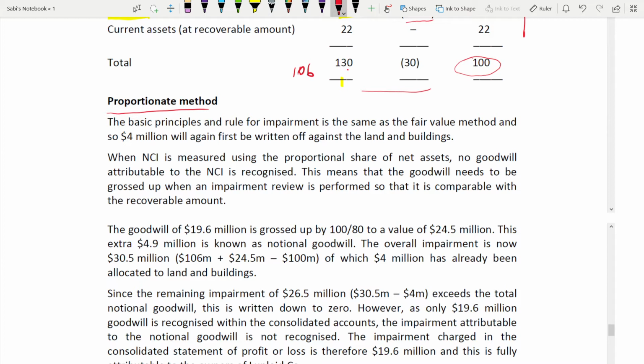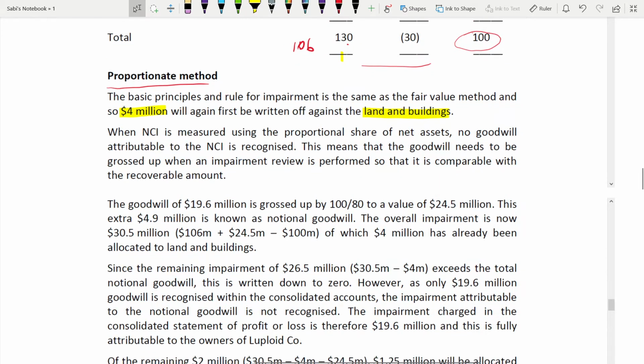So the basic principle and the rule for impairment is the same as the fair value method. And so the 4 million will again first be written off against the land and buildings, you see. So this 4 million will go against land and building only, how it has gone for the fair value method. Okay, you need to mention this. You have to make a note of it.